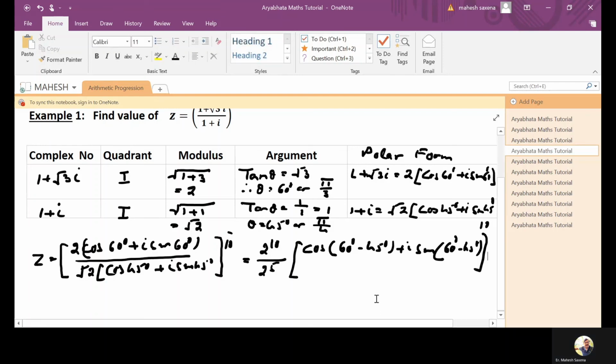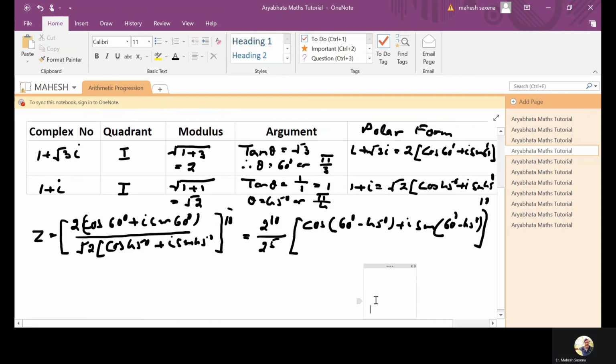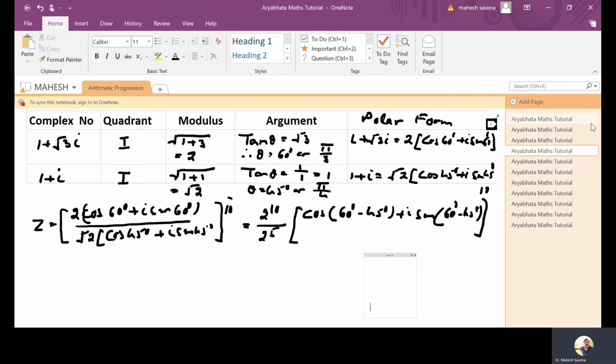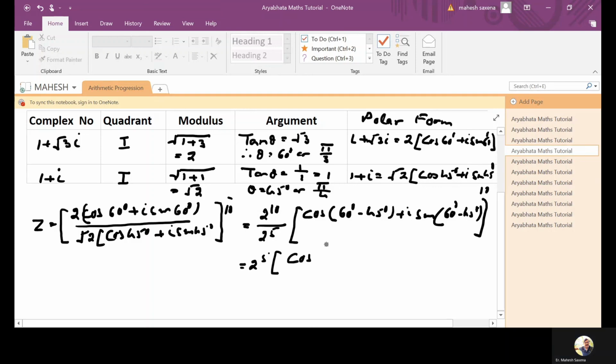And therefore, it can be written as 2 to the power 5 (cos (60 minus 45, that is 15 degree) plus i sin 15 degree) whole to the power 10.